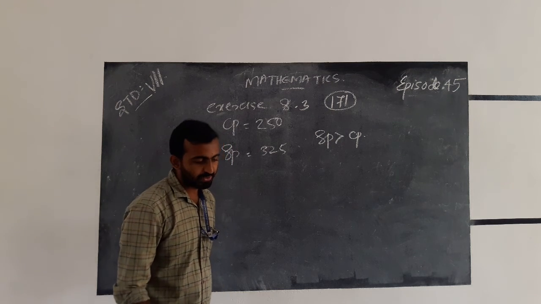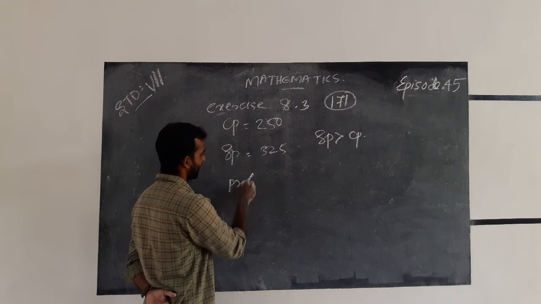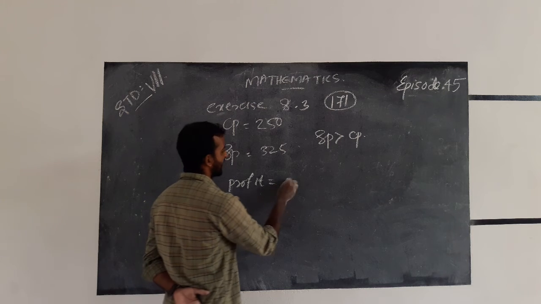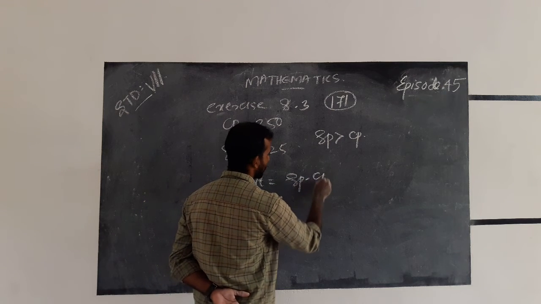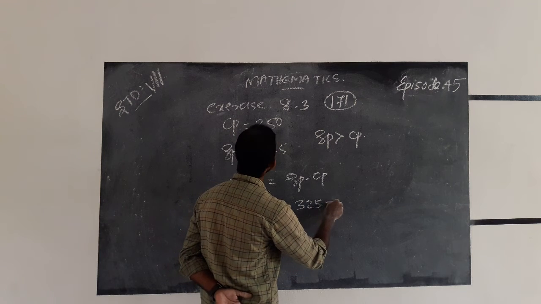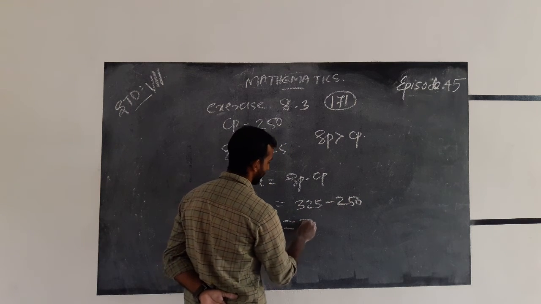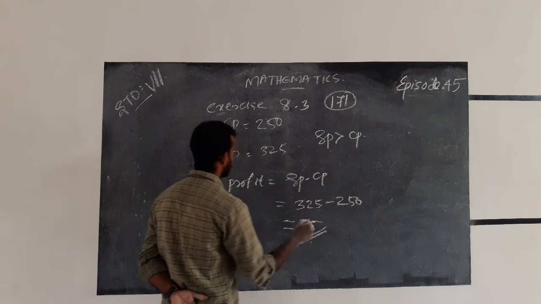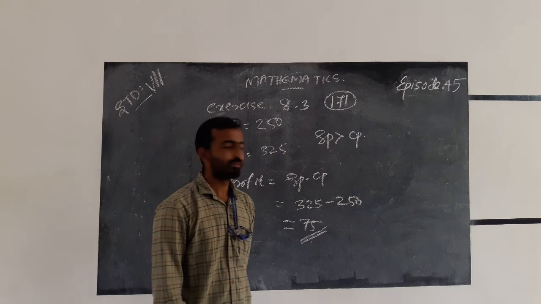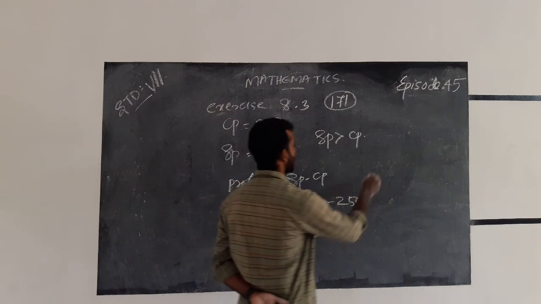Profit equal to SP minus CP. That is 325 minus 250, we get 75. Profit is 75.